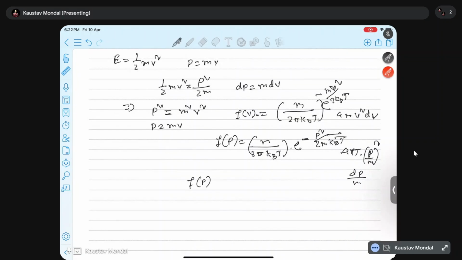So it will become m by 2 pi kbT to the power 3 by 2, 4 pi p square dp by m cube.